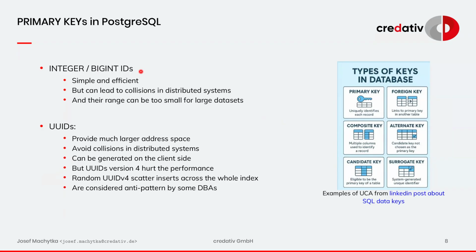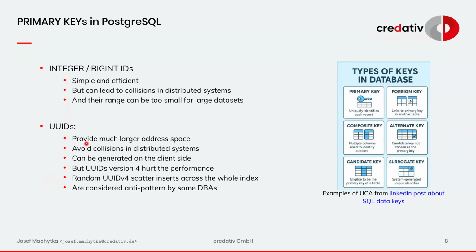For example, multi-master replication or just gathering data from several source databases and putting them together into a data warehouse can also be complicated. And the problem also is that their ranges can be too small for really large data sets.